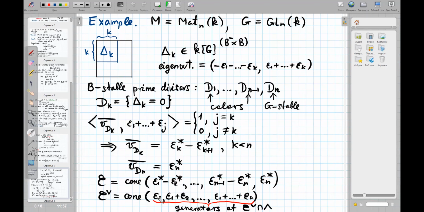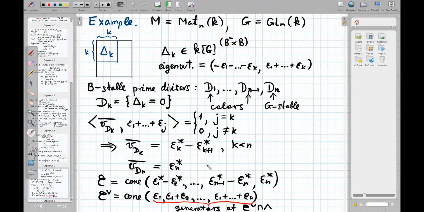So we take all representations of GLN with these highest weights. We take the spaces of matrix entries for these representations, and the algebra generated by all these matrix entries is exactly the coordinate algebra of M.